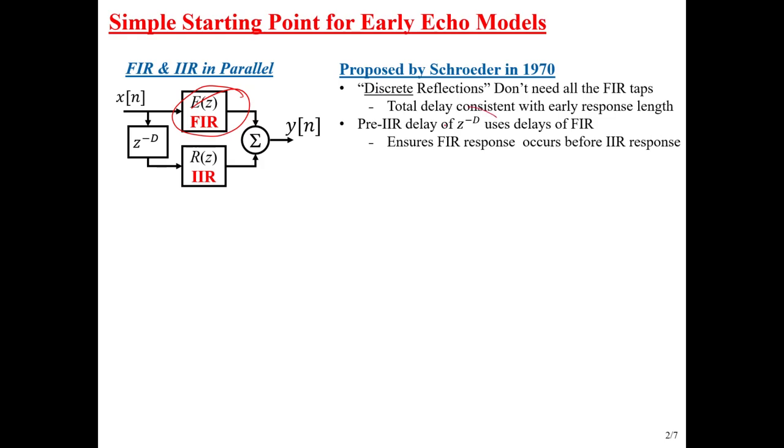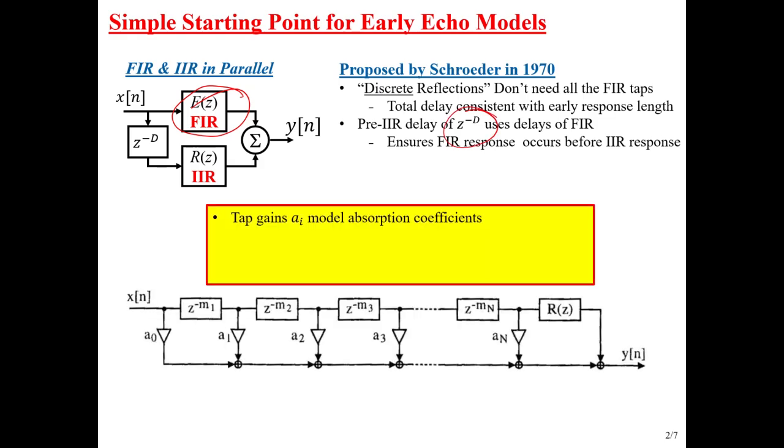And like I said, the z to the minus D is just there to align those. So this box here, we can see a representation of what it might look like down here.